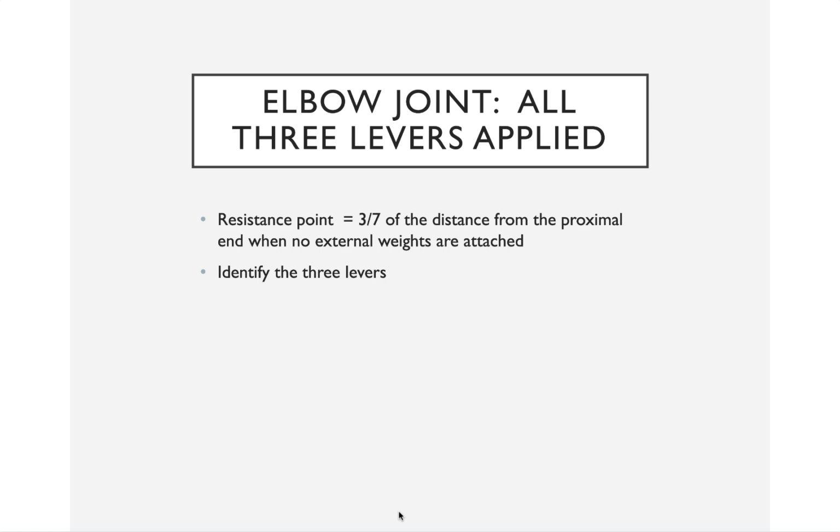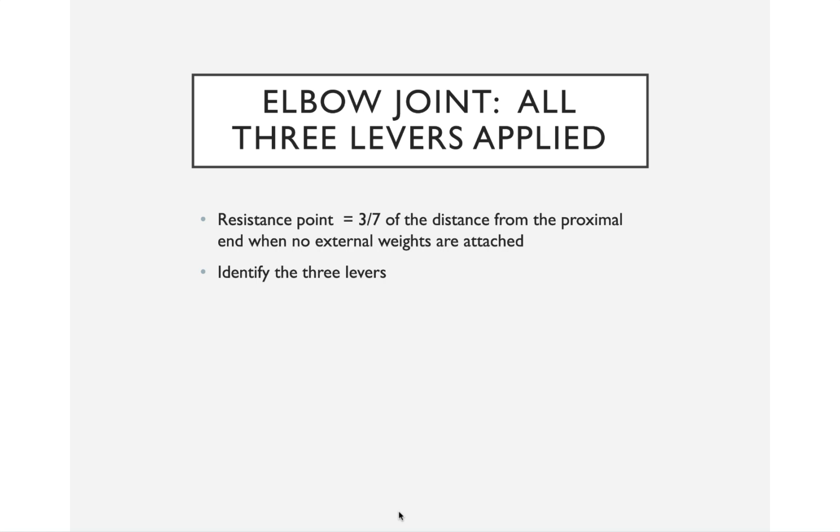If you're holding something in your hand, like a 25-pound weight, that resistance point would be in the hand. But if we have a limb with no external weight applied, that resistance point is 3/7 of the distance from the proximal end. In the case of the elbow, that would be the elbow joint, when no external weights are applied.